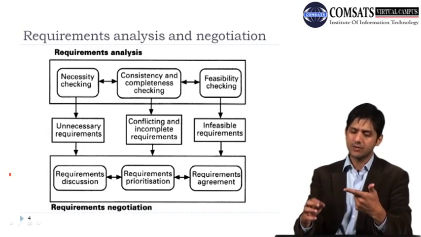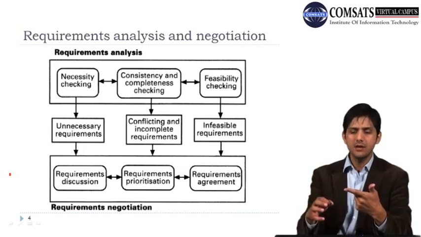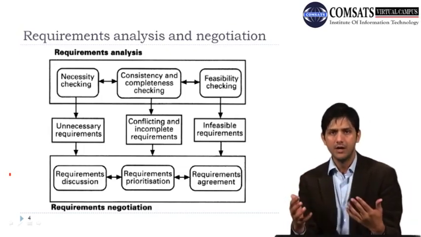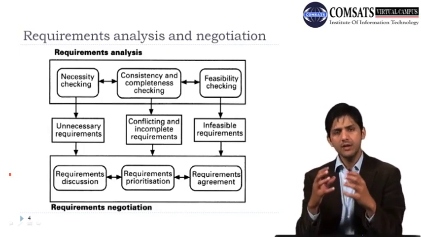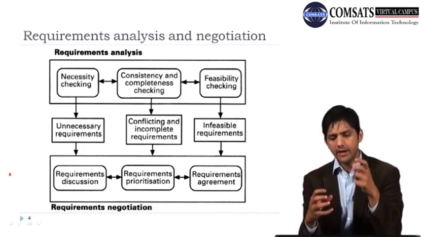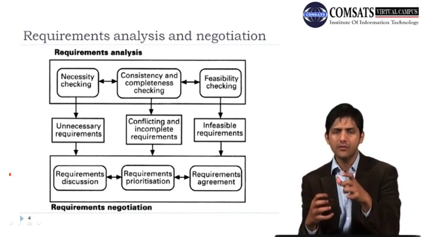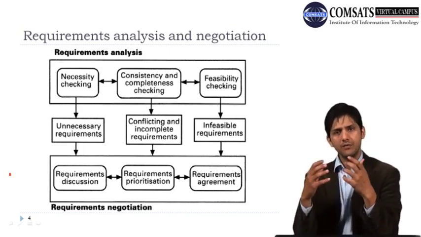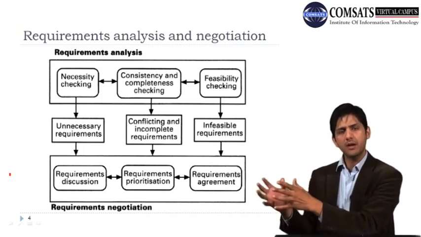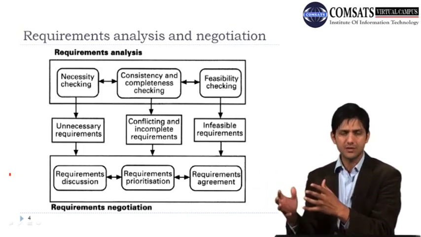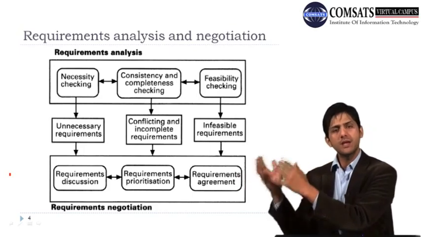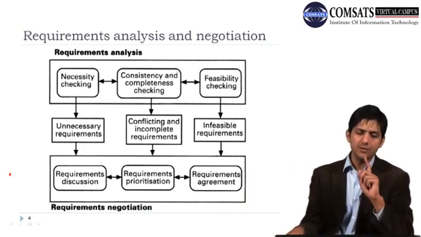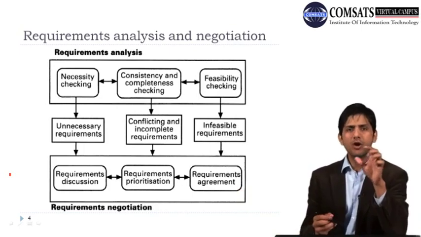We are going to generate lots of requirements which are unnecessary, and some requirements which are infeasible. So we need a check to identify all those problematic requirements, so that whenever we go for negotiation, we have in mind that these were the problematic requirements and we need to resolve these issues. Only then will we be able to move to the analysis phase. So there are a few things that we do, and so partially we conduct a small analysis.